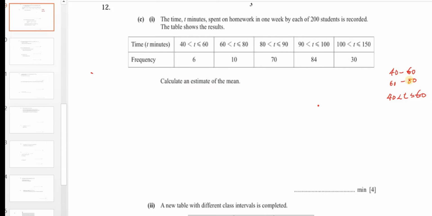This is Cambridge, this is WAEC. Then 60 less than t less than or equal to 80. You see, this is the Cambridge presentation, while this one is WAEC. We are presenting their class intervals. So you have to take note of that, although they are the same.